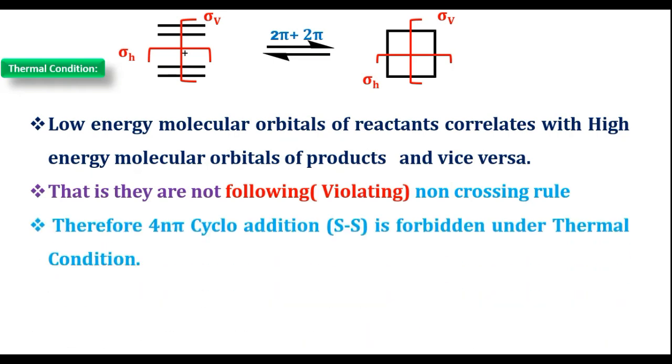That's why under thermal condition, 4n pi cycloaddition is forbidden. Is it clear friends? Thermally, 4n pi cycloaddition is forbidden. Once it is thermally forbidden, automatically by default photochemical is allowed. That we are going to explain.